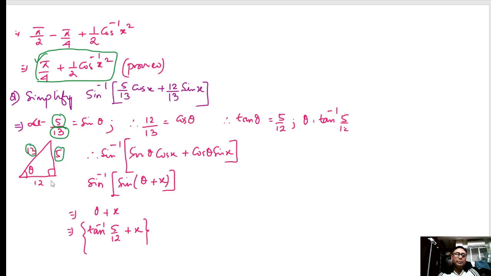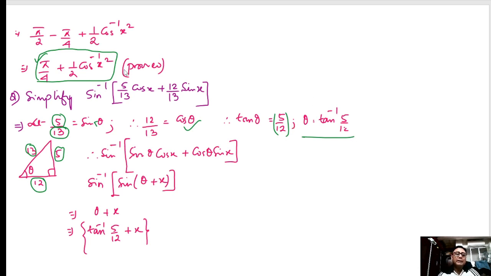So I can find the base. So you can see here, cos theta will be 12 by 13. So now tan theta will be what? Sin theta by cos theta, which is 5 by 12. So theta will be tan inverse 5 by 12.